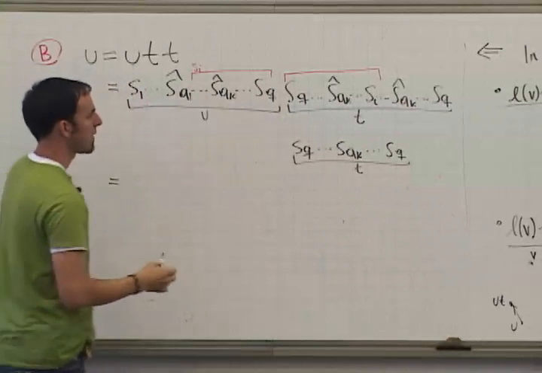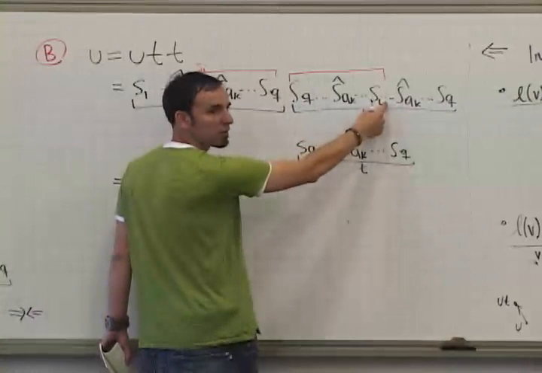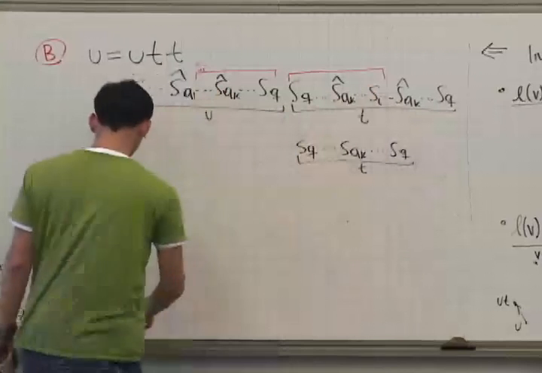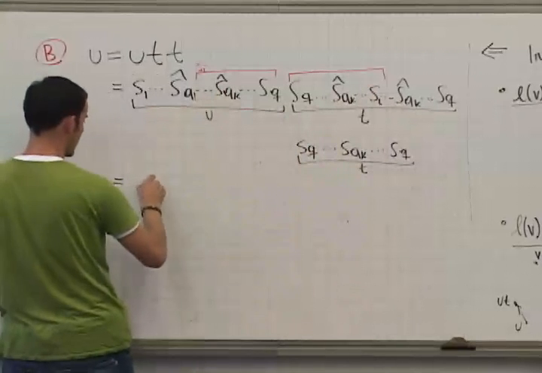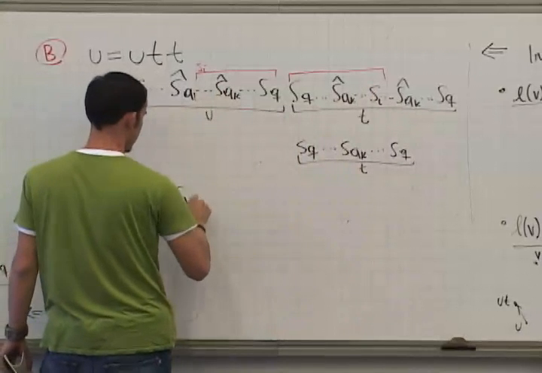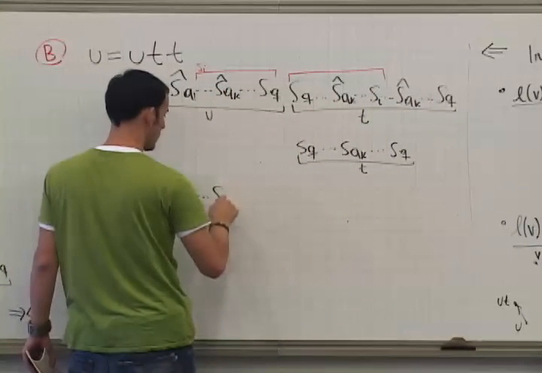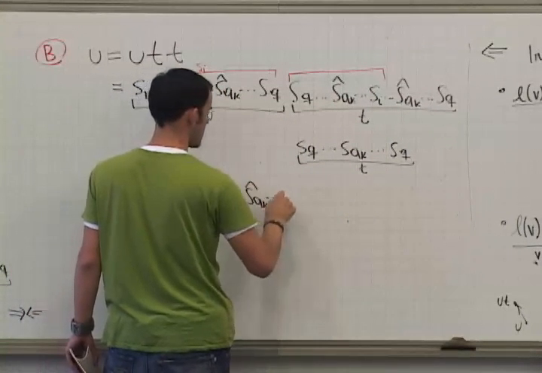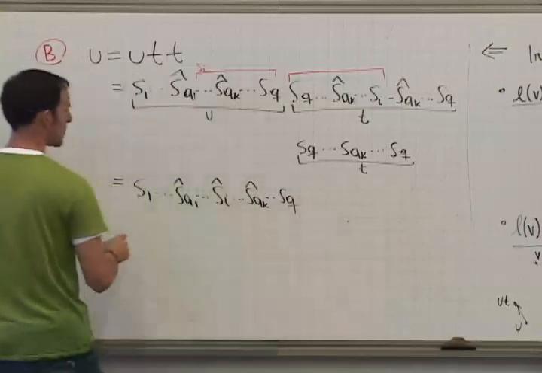And then I'm going to start at S_I plus 1. So the effect of multiplying these two things together is just removing S_I. So let me just write it like this, S_1, S_{A_1}, then I remove S_I, then I remove A_K, and then Q. So this is U times T.